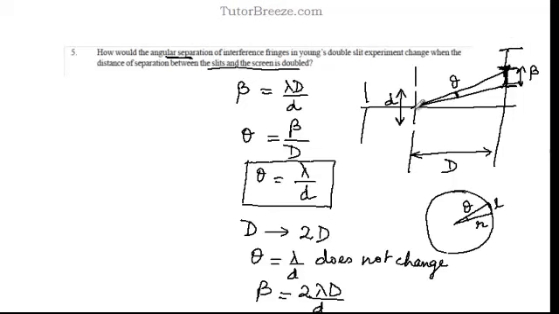But since you're taking this to a distance D away, the angle subtended over here by these two fringes would still be theta. So the angular separation between the fringes does not change.